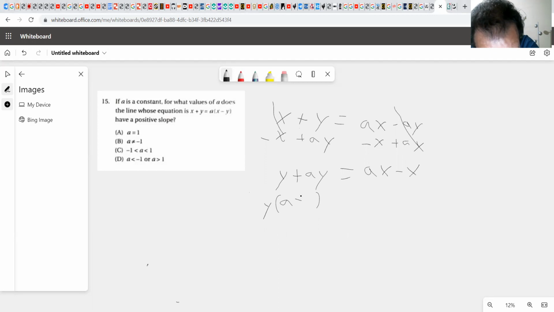So a plus 1. And over here, I'll factor out the x. X into ax would just be a, and x into negative x would be negative 1.